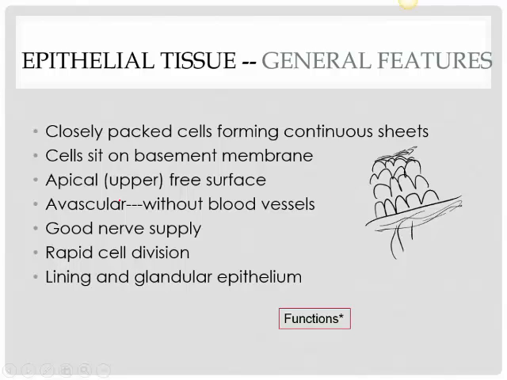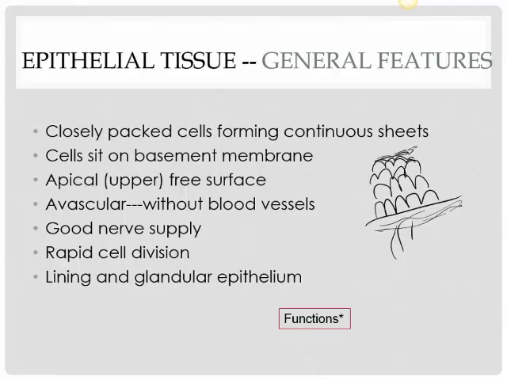However, while it doesn't have a blood supply, it has a very good nerve supply. And because epithelium is constantly abraded, imagine your skin is constantly abraded, and inside your organs, the lining of those hollow organs like, say, your mouth, your stomach, your esophagus. You eat food of different texture, different temperature.